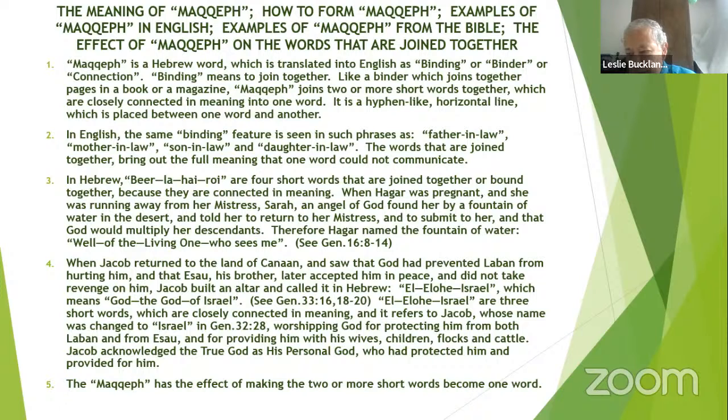And she called the name of the Lord that spake unto her, Thou God seest me. For she said, Have I also here looked after him that seeth me? Wherefore the well was called Be'er Lahai Roi. Behold, it is between Kadesh and Bered.